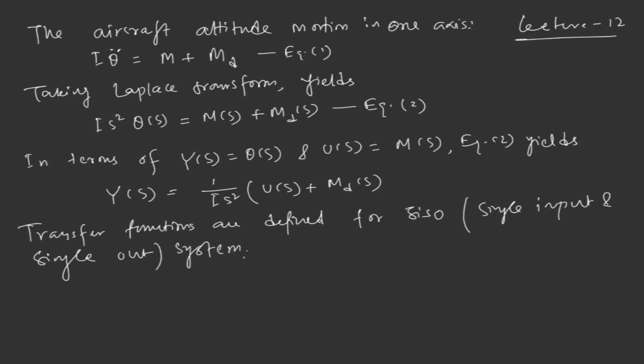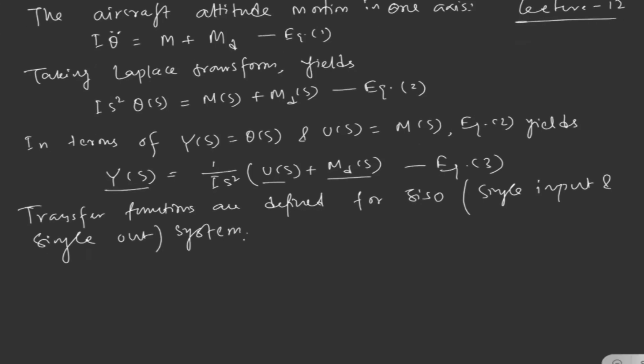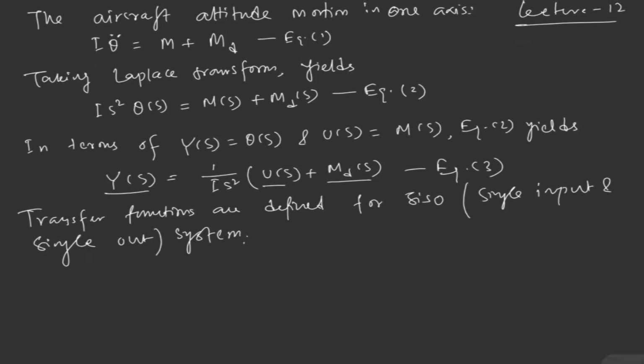But if you notice this equation number 3, there are two inputs, U(s) and Md(s), but one output, Y(s). But if you look, they are actually acting separately. We can say U(s) comes from the controller and Md(s) comes from the disturbance, maybe part of the external perturbations.